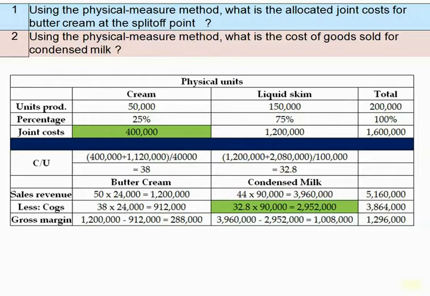For liquid skim, allocated joint cost is 1,200,000 plus 2,080,000 divided by 100,000 equals 32.8. Then we can make the income statement.